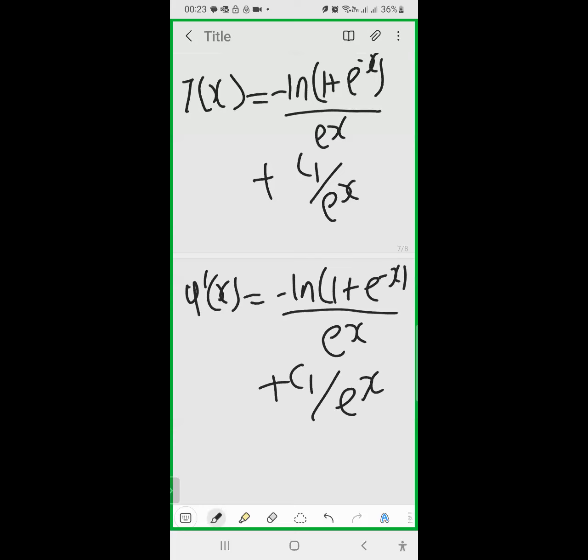We know that u prime of x can be written as du over dx. Then this is equal to minus the ln of 1 plus e to the power minus x over e to the power x plus c1 over e to the power x.